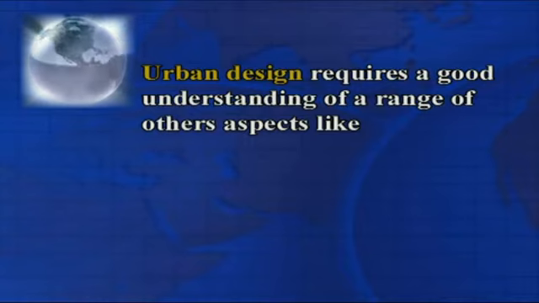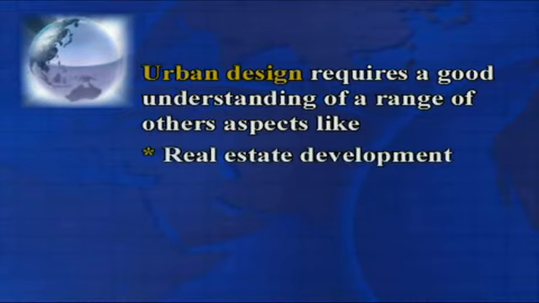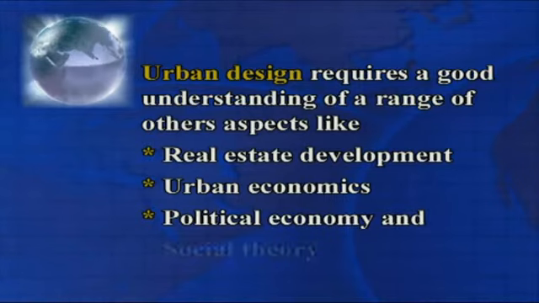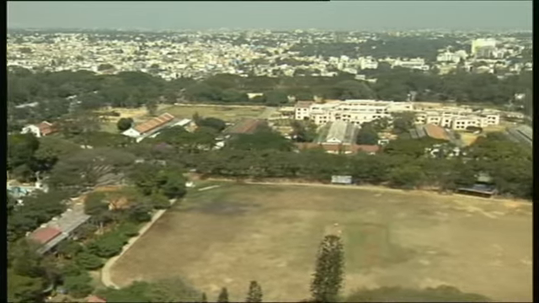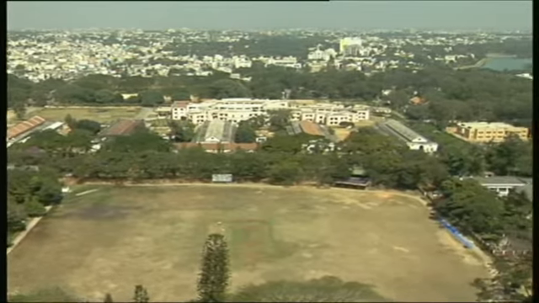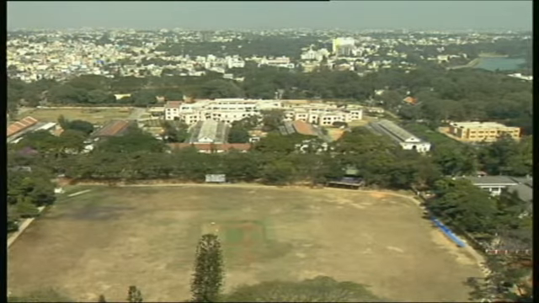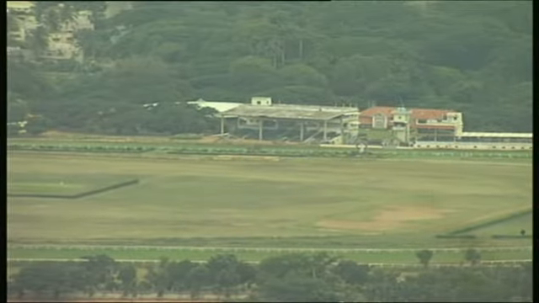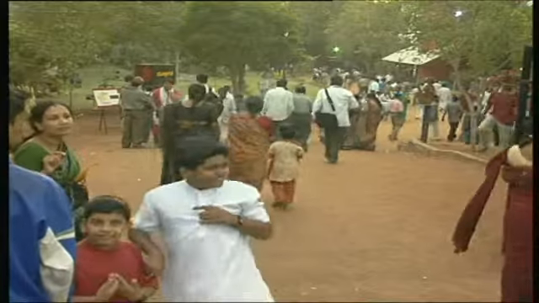Urban design requires a good understanding of a wide range of aspects like real estate development, urban economies, political economy and social theory. Urban design theory deals with the design and management of public space and the way public places are experienced and used. Public space includes the totality of spaces used freely on a day-to-day basis by the general public.